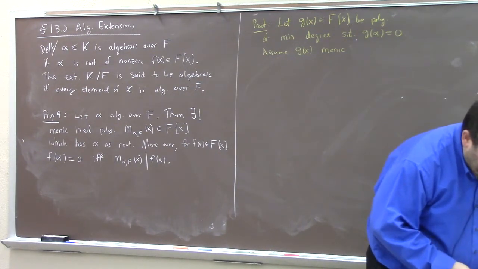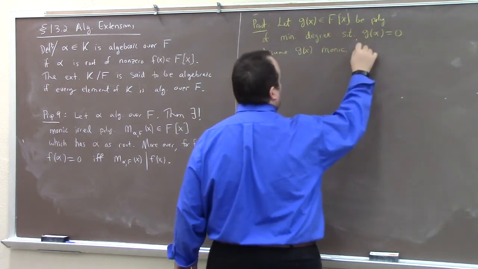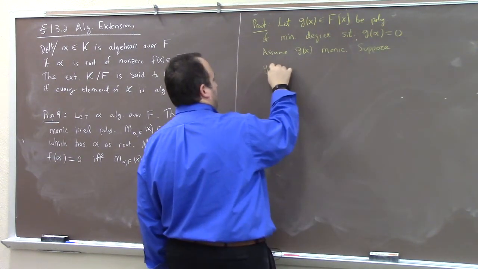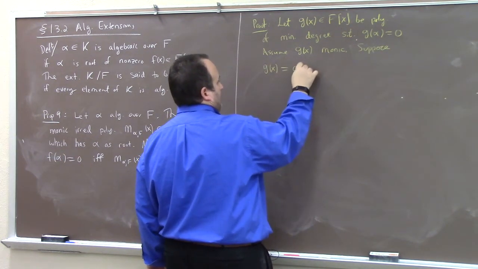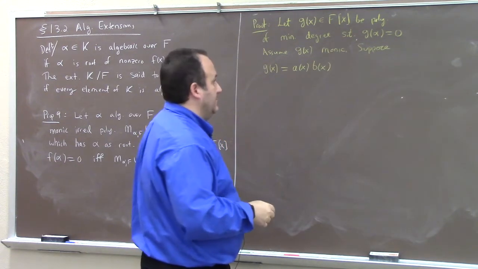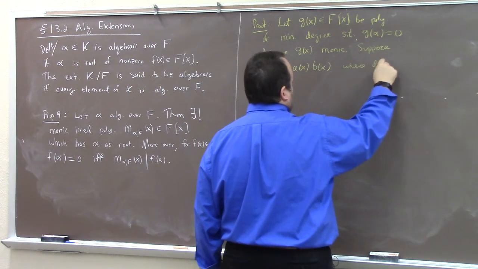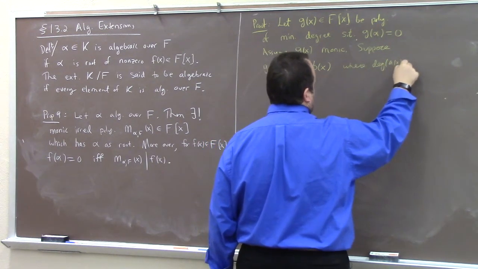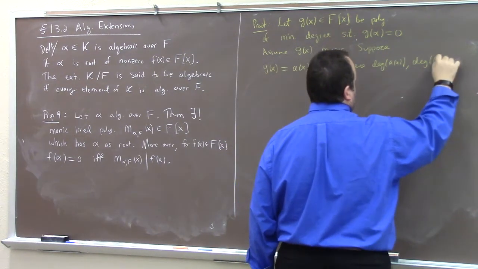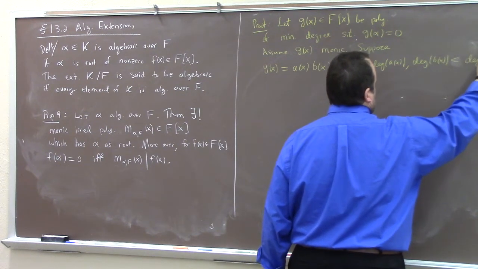All right, fine. So suppose g of x were reducible. Suppose g of x equals a of x times b of x, where the degrees of a of x and b of x are less than the degree of g of x.